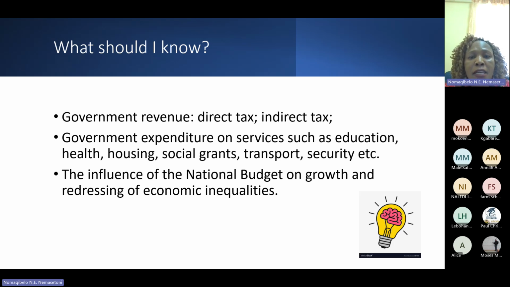Point number two is the government expenditure, on how the government is going to spend its income. That is on services such as education, health, housing, social grants, transport, security, etc. And then the influence of the national budget on the growth and redressing of economic inequalities.